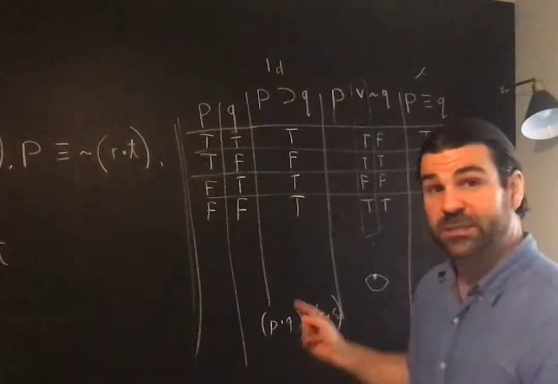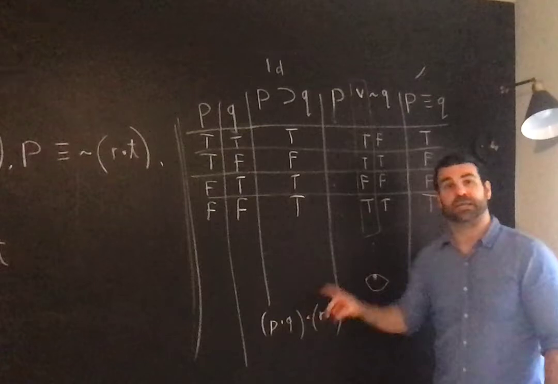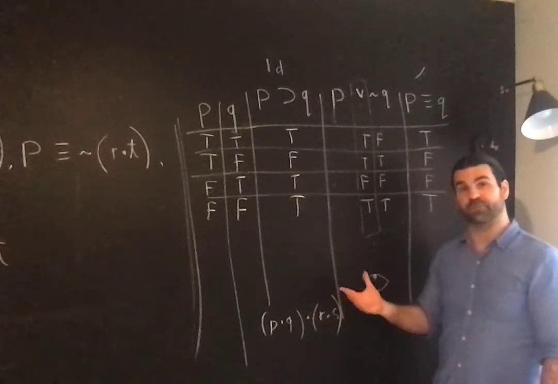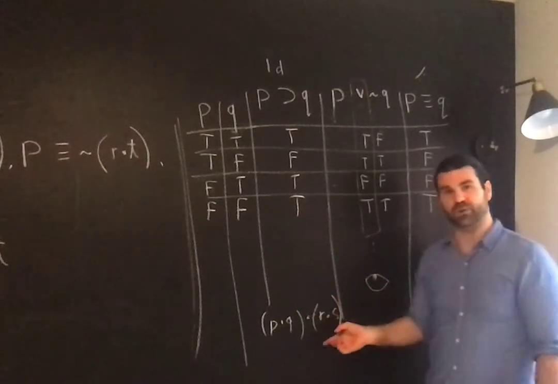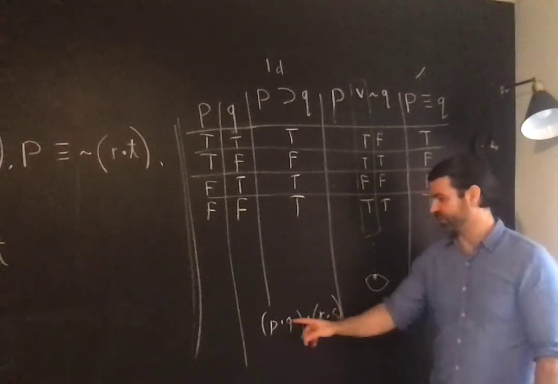But notice, we're saying this is a premise, and it will only be true in one of those 16 rows, namely the top row, where they're all true, because it's a conjunction of conjunctions.